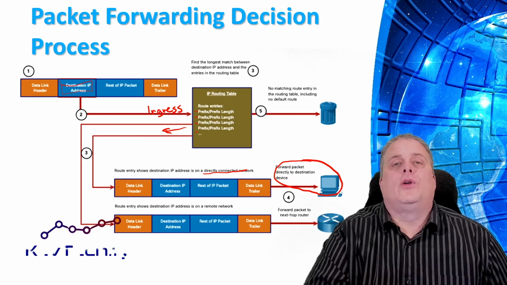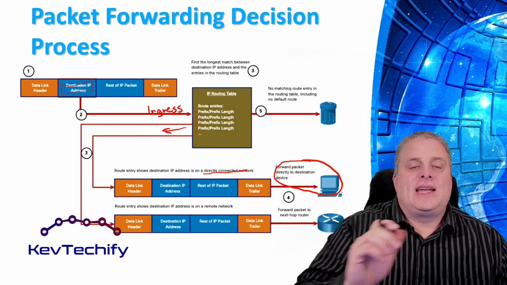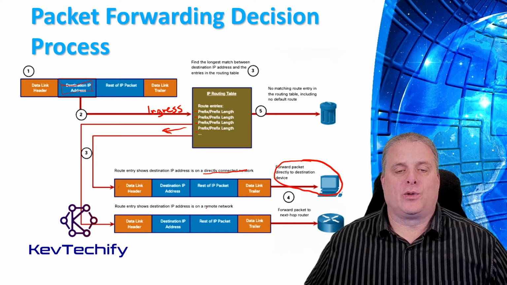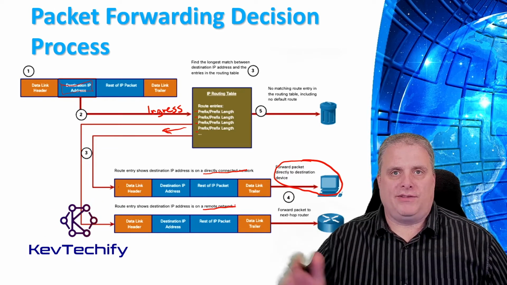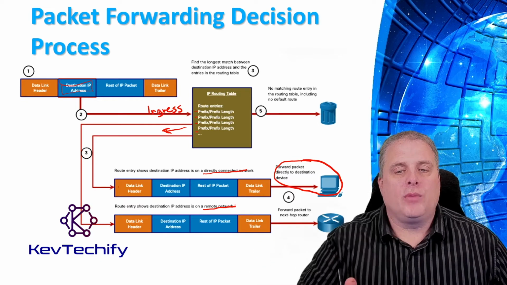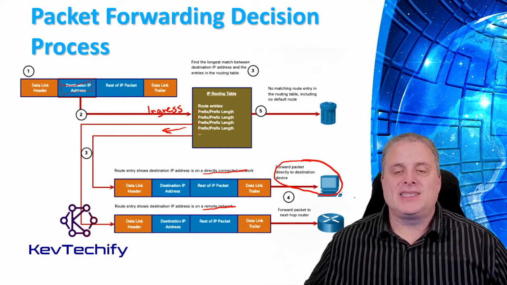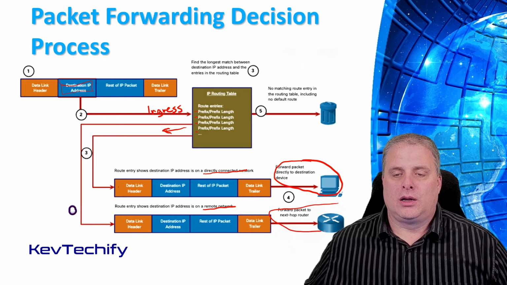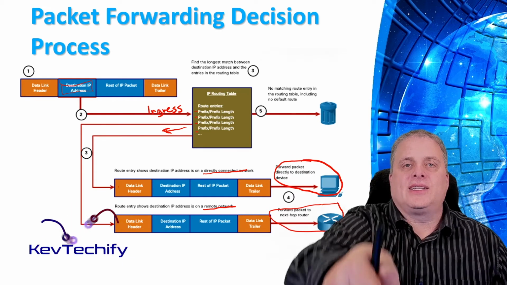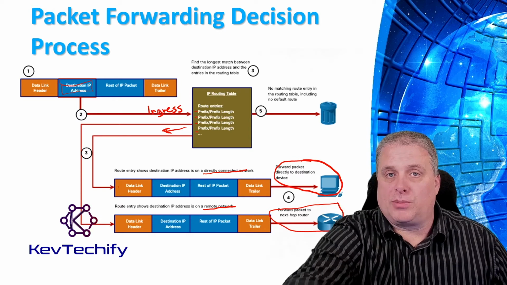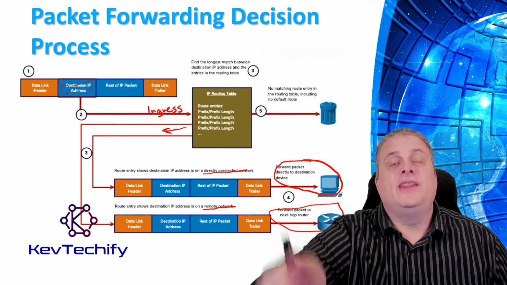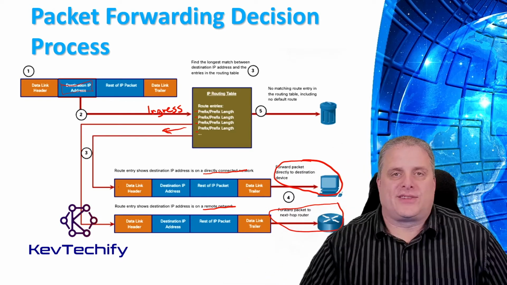Now, if that destination IP address is on a remote network, I have to go through another router. So I'm going to forward that packet to the next hop router, getting it one step closer to its destination. Then that router will go through this process again.